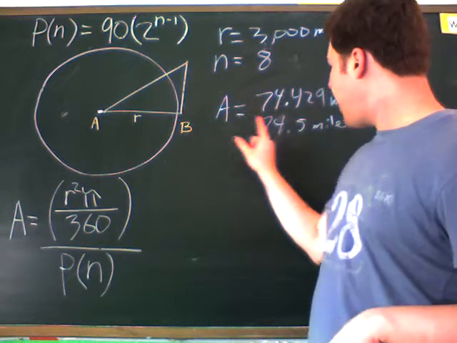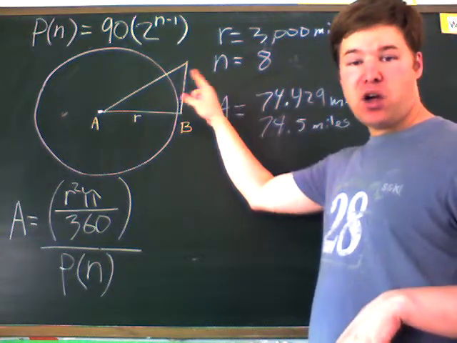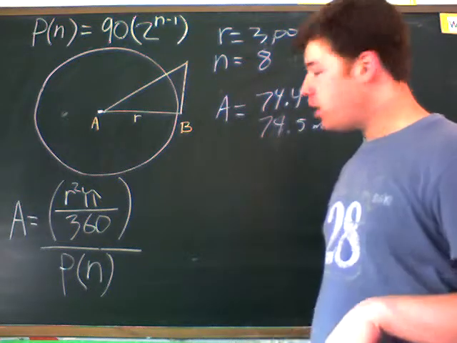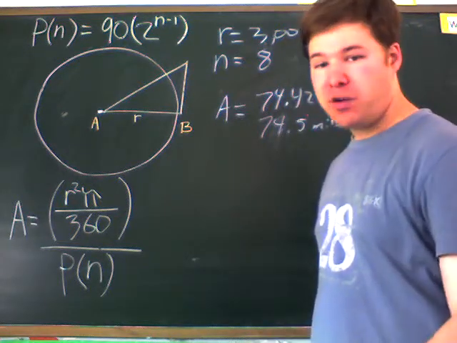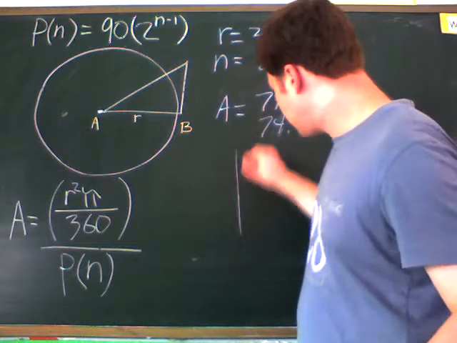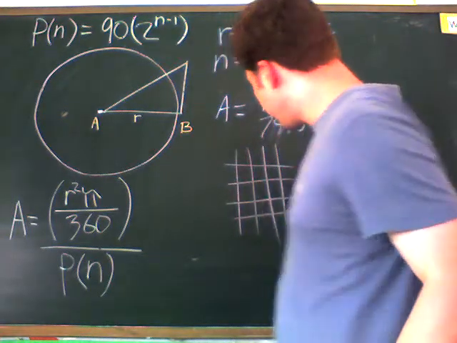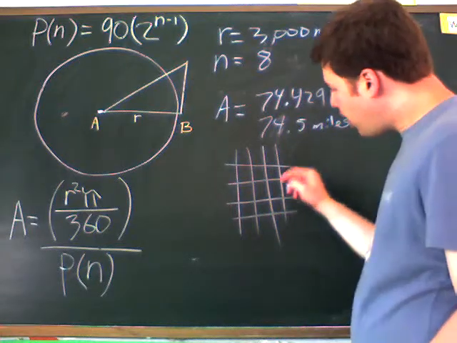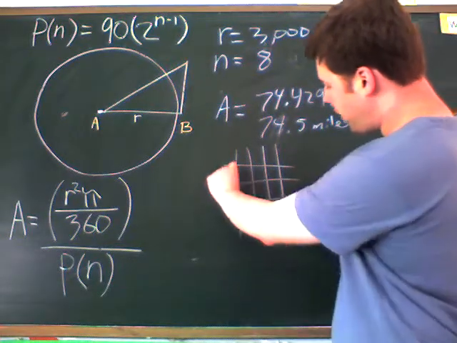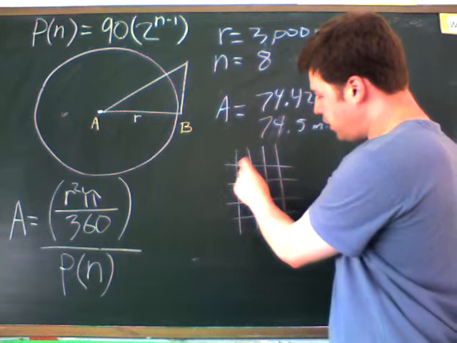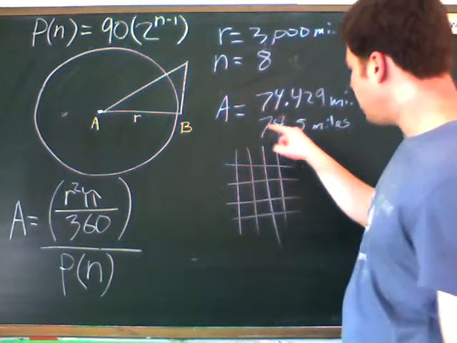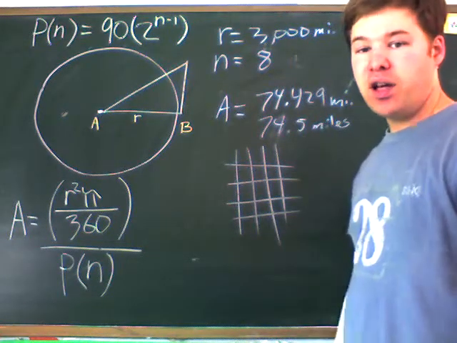Every 74.5 miles we can create another one. It's like a grid pattern, really. Let's take a very simple grid pattern just like this, and the size of each grid spacing is going to be 74.5 miles.